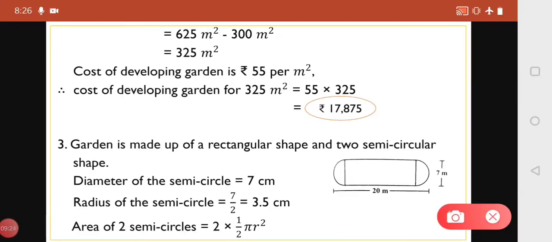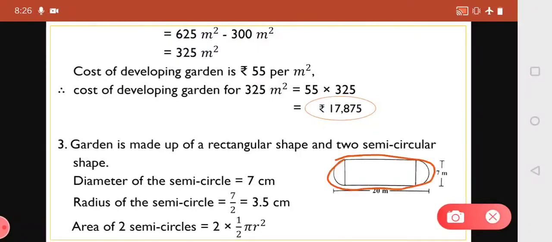Yes, now you can see in the figure that while finding out the perimeter of the rectangle, we have taken breadth 0. The reason is that perimeter is nothing but the boundary around the given figure. So we talk about only this part if we talk about the perimeter of the garden.